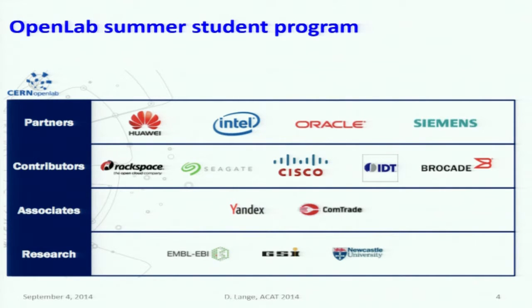And these are the companies currently involved, and especially the ones on the partners level are contributing. They even fund positions at CERN and have their own people at CERN working basically on next generation technology. The typical case is that they have a next generation product that they would like to get some experience using, and the CERN use case tends to be an interesting case.